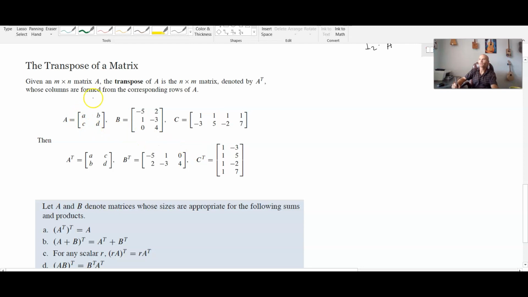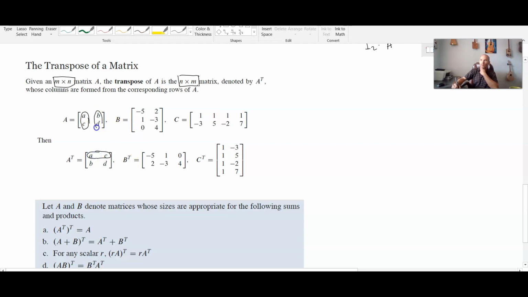What the transpose does is, if we start off with an m by n matrix, when we transpose it, we'll get an n by m matrix. You can think about this two ways. This is not A raised to the power of t; the way you read this is A transpose. You see that the first column, A C, laid on its side becomes the first row.